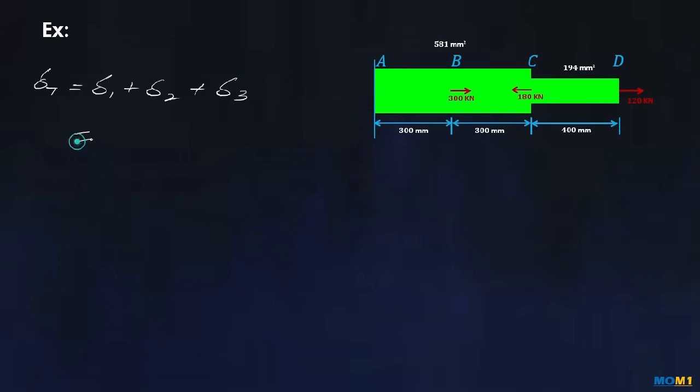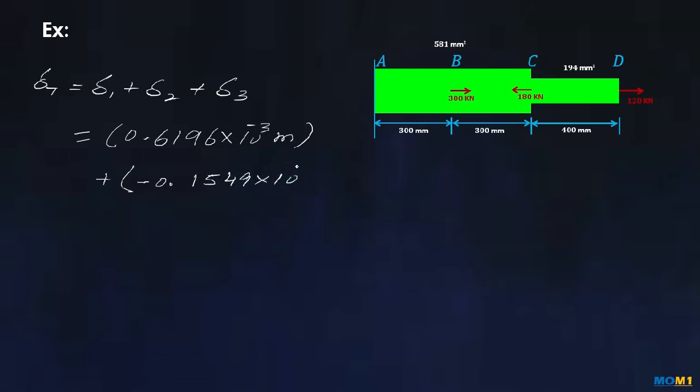So this is going to be 0.6196 into 10 raised power minus 3 meters plus minus 0.1549 into 10 raised power minus 3 meters plus 1.237 into 10 raised power minus 3 meters.